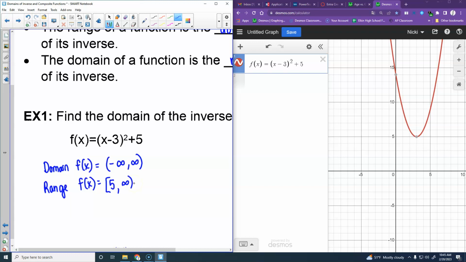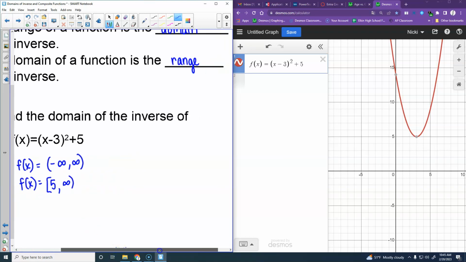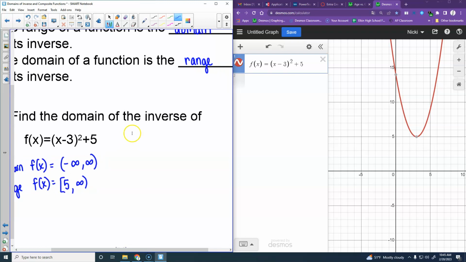Okay, so we could find the inverse for this and then look at that graph, but you're not going to have Desmos to graph it for you. Let me actually do it, and then we'll talk about why you don't have to.